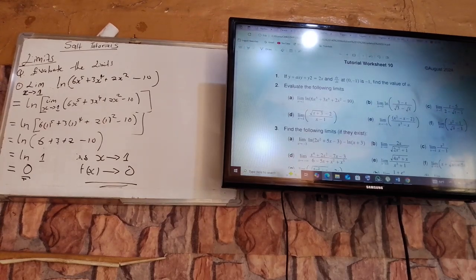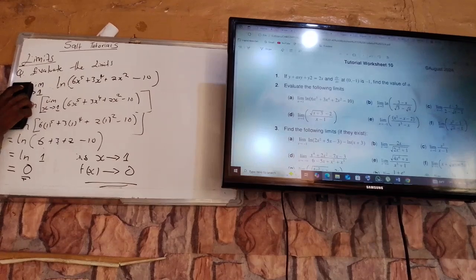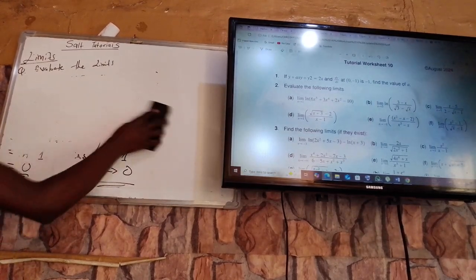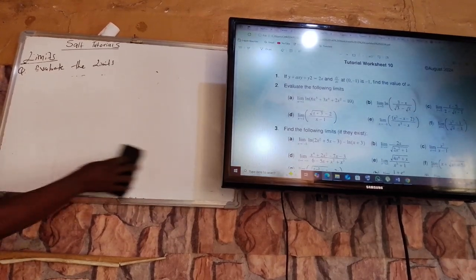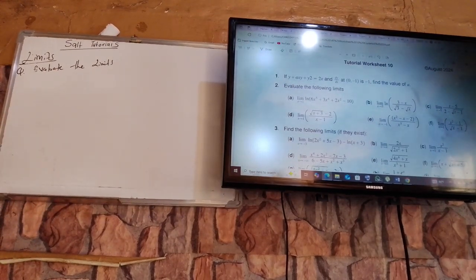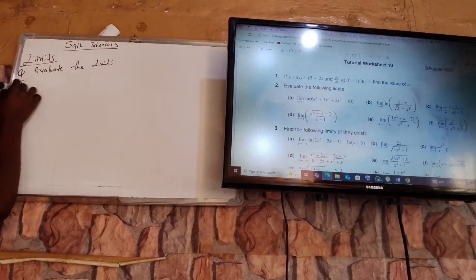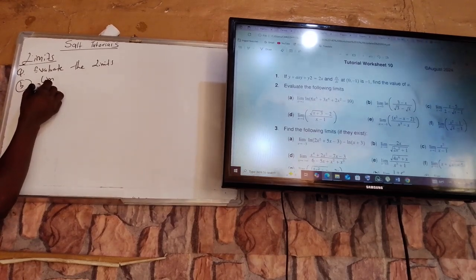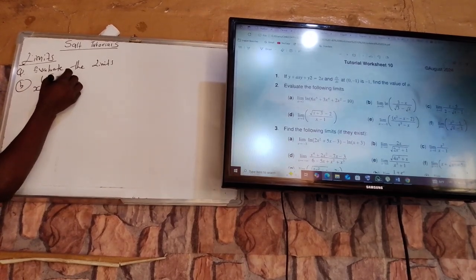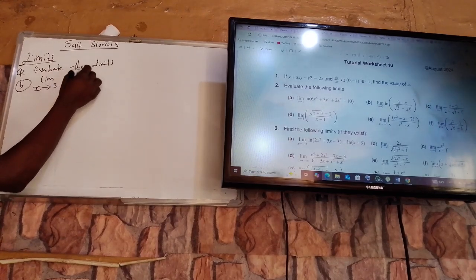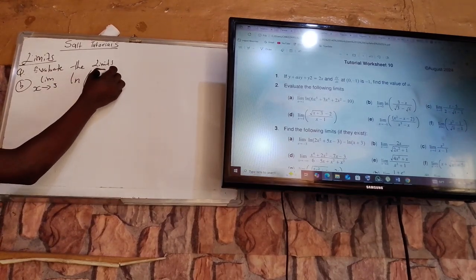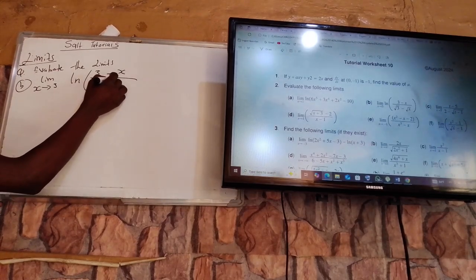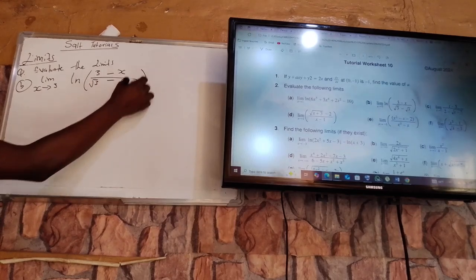The same is happening to the second one. So the second one says that the limit as x approaches 3 of the natural log of 3 minus x over root of 3 minus root of x, close.